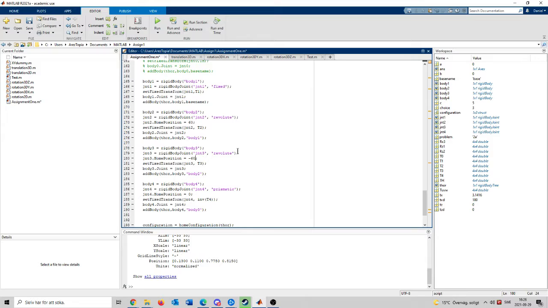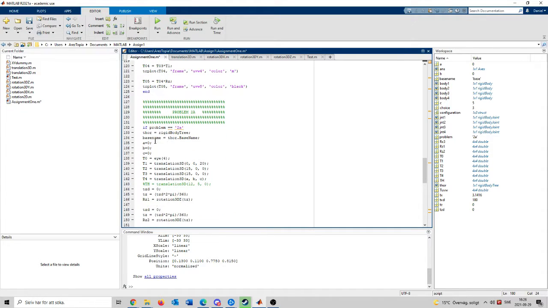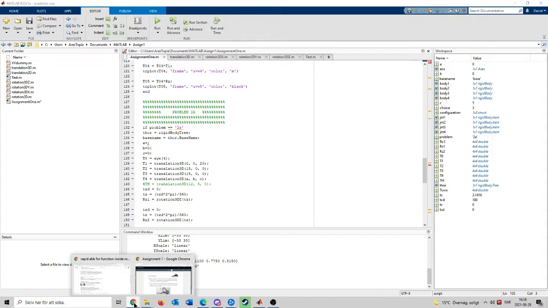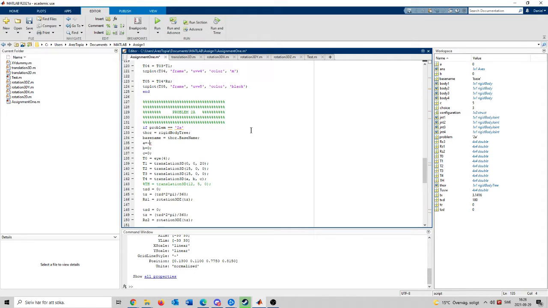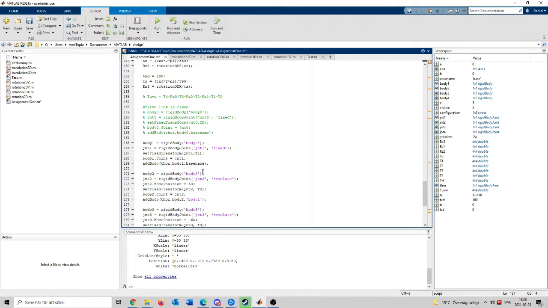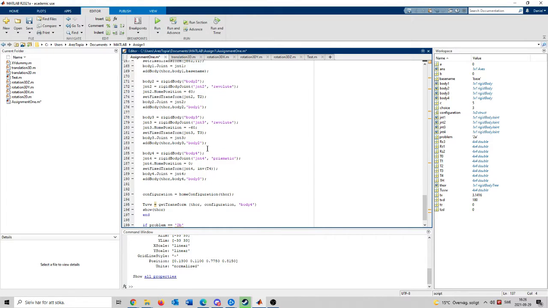Then I just get the home position, and when I input the current end effector location by changing my ABC values here to minus 5, 3, and 5, I would get the new home position, the end effector expressed in relation to the home position of the robot.